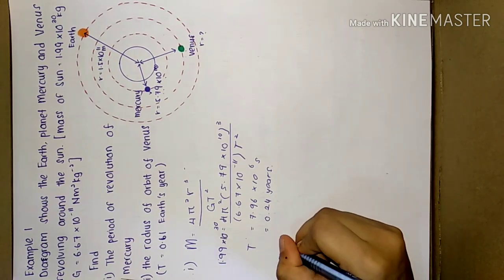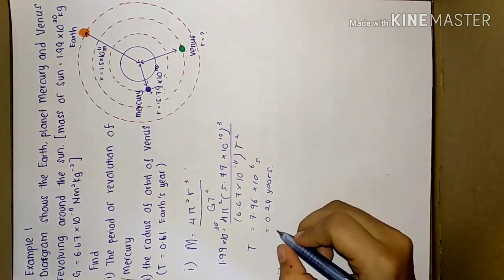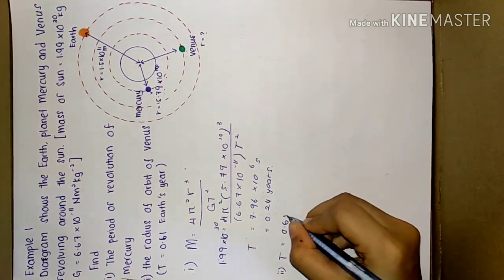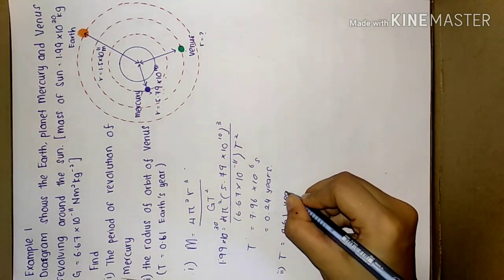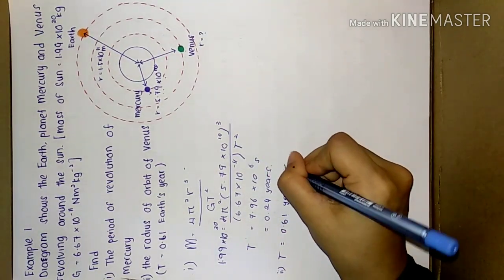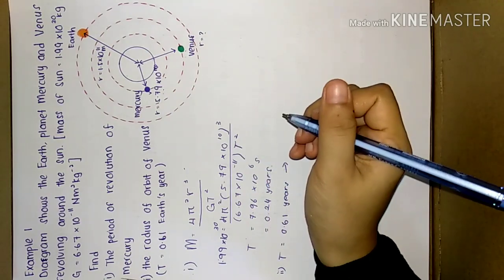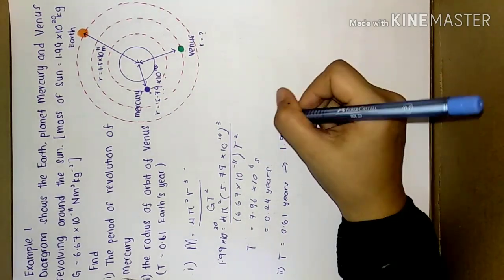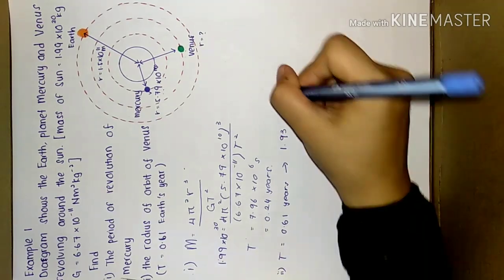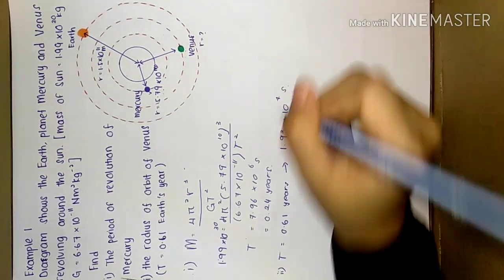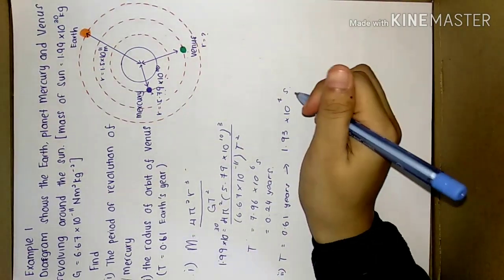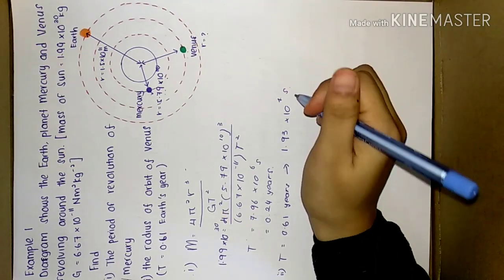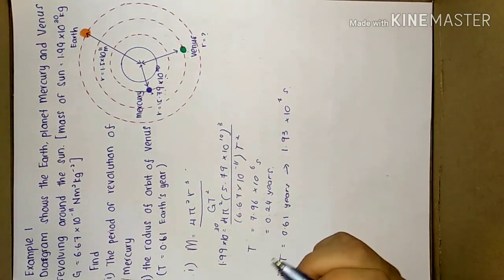So T is 0.61 year, and when we change it to seconds, we have 1.93 times 10 to the power of 7 seconds. We already changed it here, so let's put it in the formula.